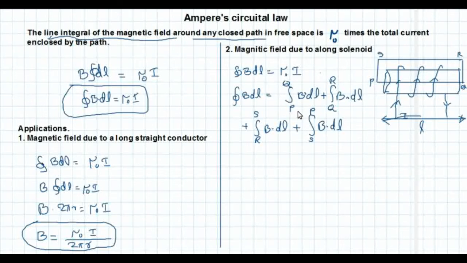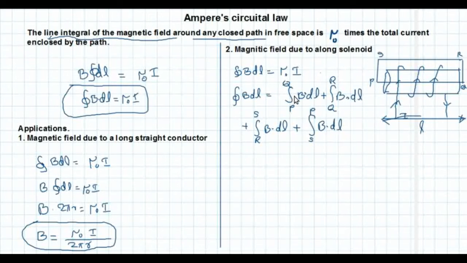So we are doing the integration from P to Q. Integral B dl from P to Q, plus integral B dl from Q to R, plus integral B dl from R to S, plus integral B dl from S to P. This is how we can rewrite this closed integral B dl, because the closed path consists of four sections: side PQ, QR, RS, and SP.